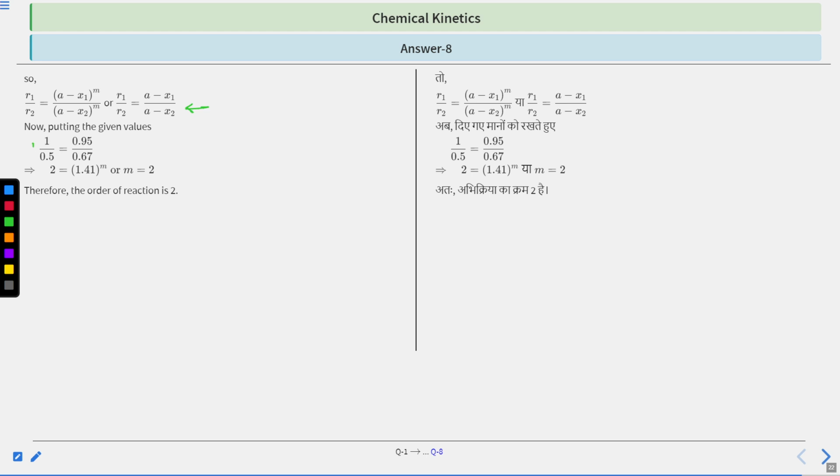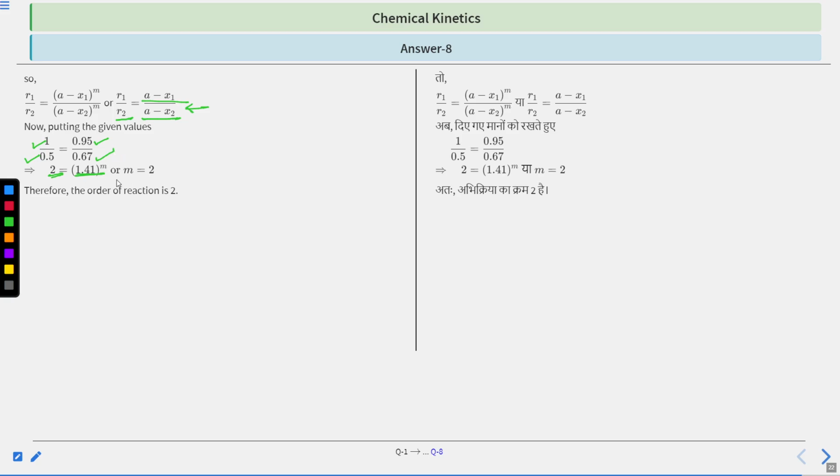Rate 1 is 1 when the amount unreacted is 0.95, 95%. And R2, that is rate 2, is 0.5 when the amount unreacted is 67%, that is 0.67. So this side it will be 2 and this fraction will be 1.4, whole power m, as m is the order.